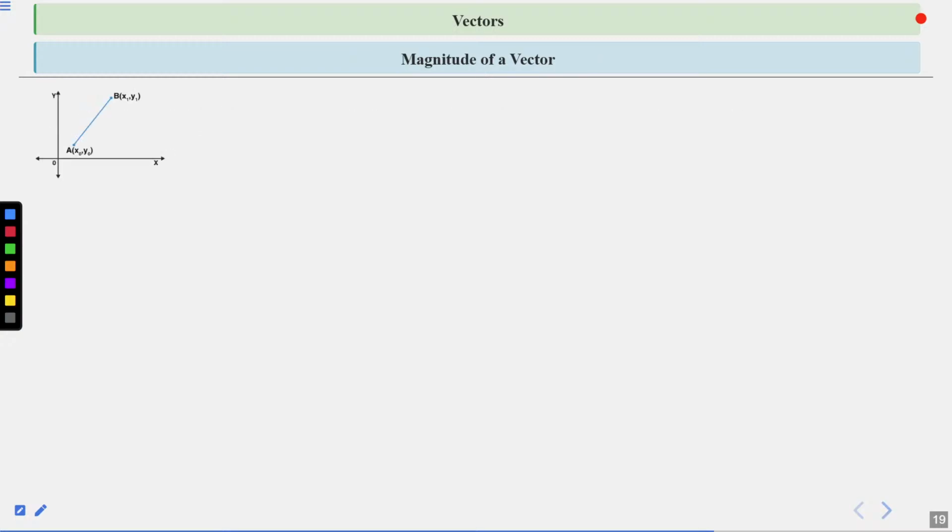Now, magnitude of a vector. How can we calculate the magnitude of a vector? Look here, this is a coordinate system, x-axis and y-axis, and we have two points in a plane, point A and point B. The position of point A is x0, y0, and the position of point B is x1, y1.